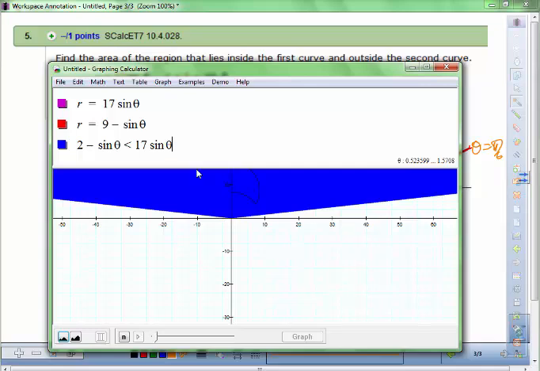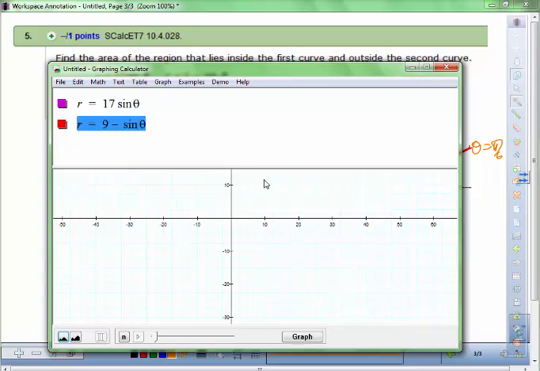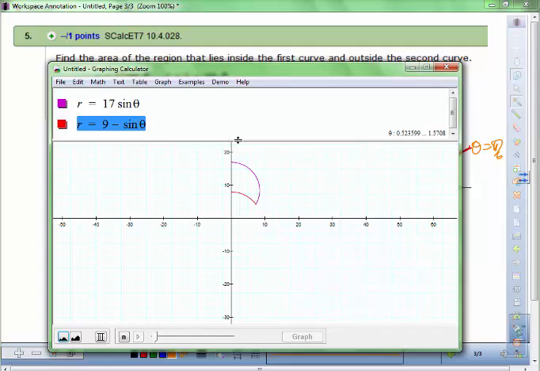Well, that didn't work so well. Oh well. So we know that we're interested in this piece of the area. And then if we find that and double that, then we're going to get what we're looking for.